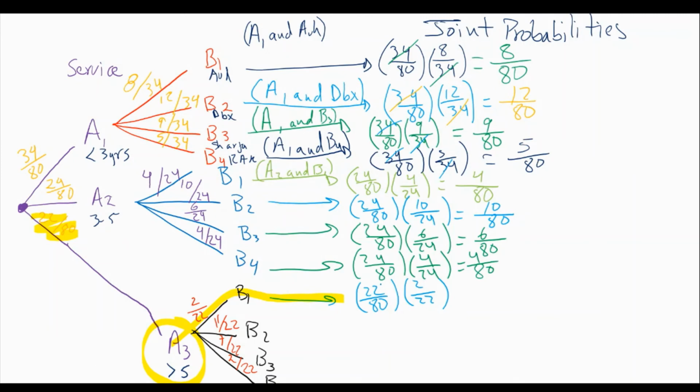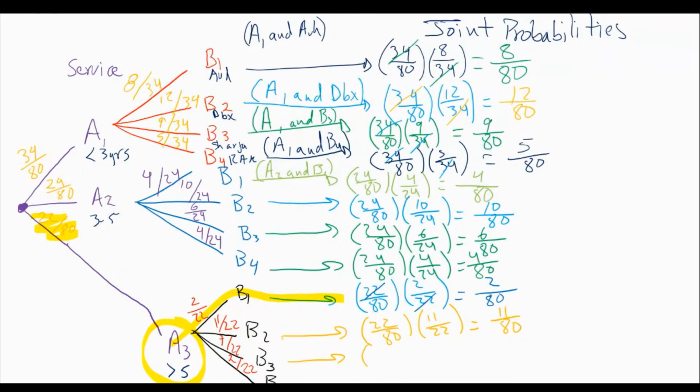Okay, so this 22, they cancel each other out, and it's 2 divided by 80. All right, this one is 22 divided by 80 times 11 divided by 22. 22 cancel each other out, 11 divided by 80.